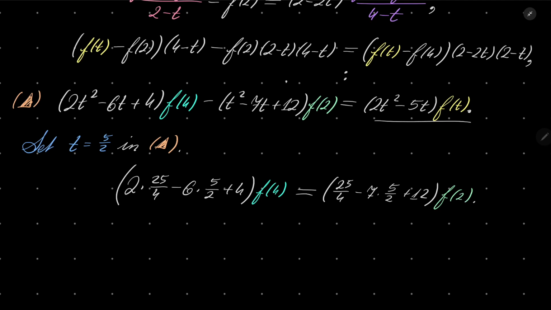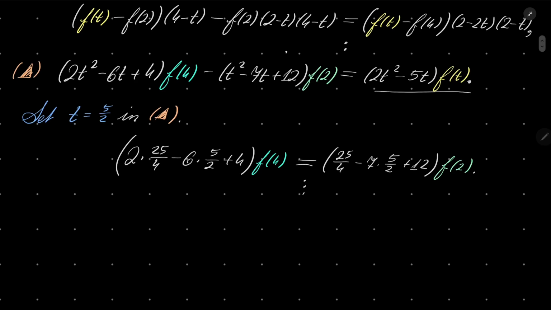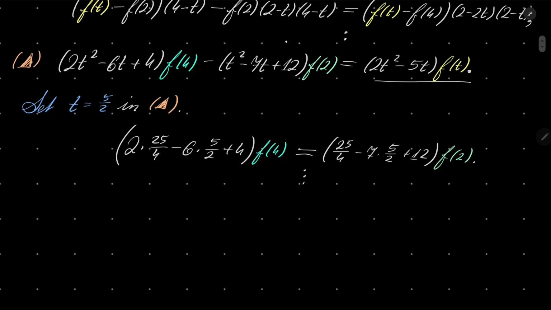And from there, after some simplifications, again, the details are left to you, you will have that 2 f(4) equals f(2).